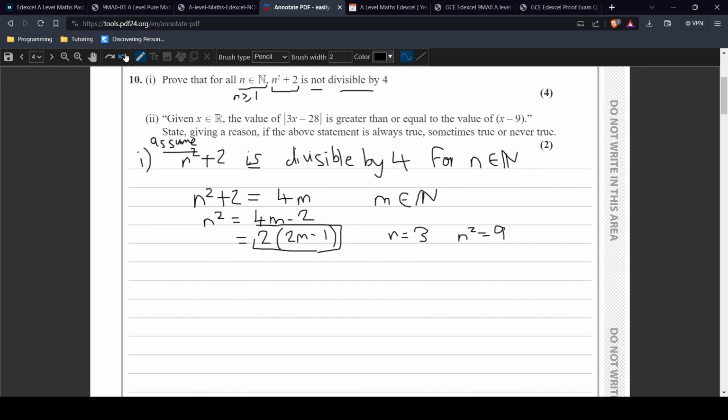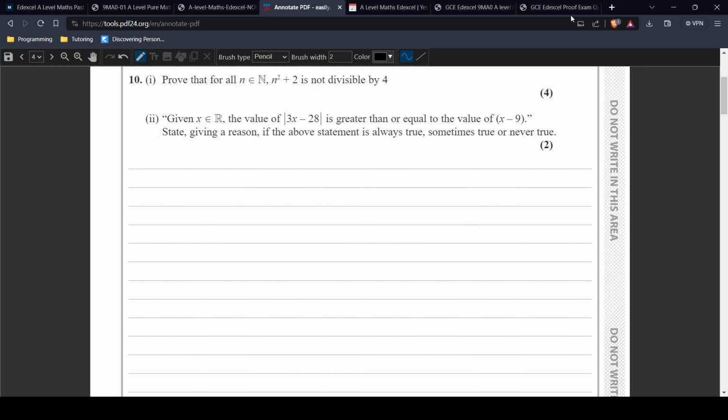Okay, now part 2. Given a real number x, the value of mod 3x minus 28 is greater than or equal to the value of x minus 9: always, sometimes, or never. And we need to determine which one of those three is the case. With this, it will be useful to sketch the graphs of mod 3x minus 28 and of x minus 9.